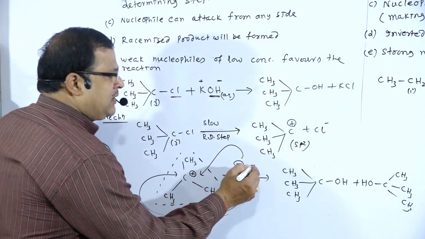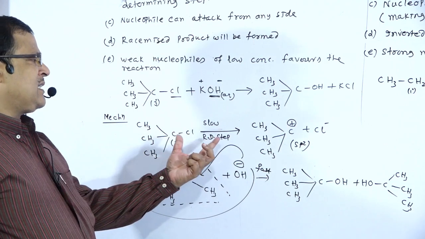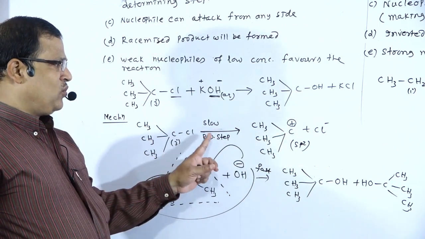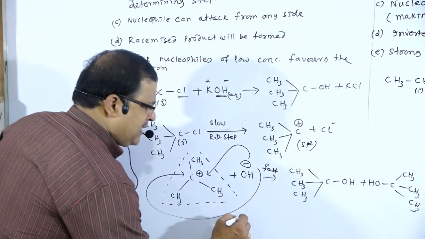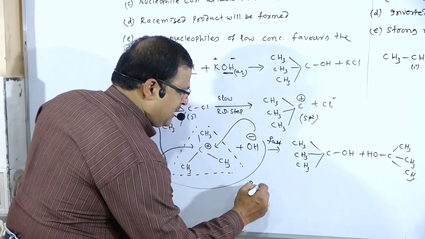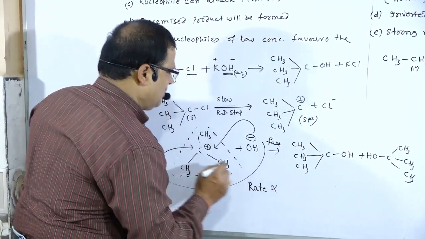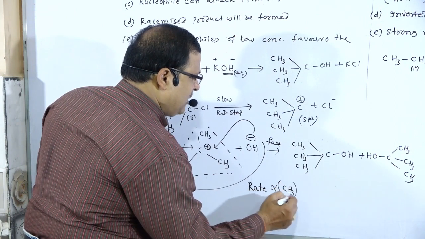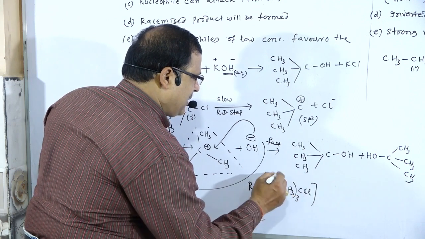And this is the first step. Then which step is treated as the rate determining step? That is the formation of carbocation, the slow and rate determining step. So in this case, according to the law of mass action and chemical kinetics, rate is directly proportional to the concentration of the tertiary alkyl halide raised to power 1.